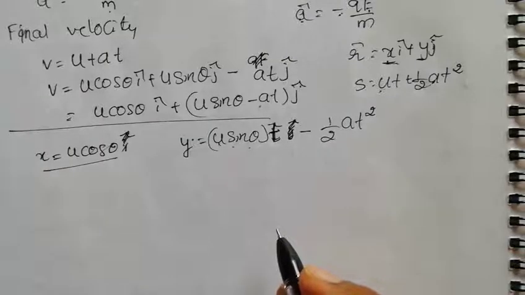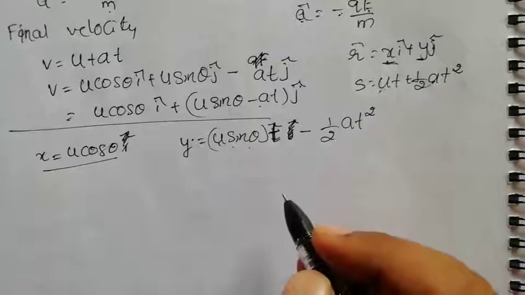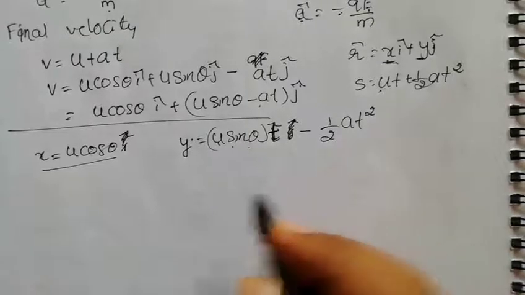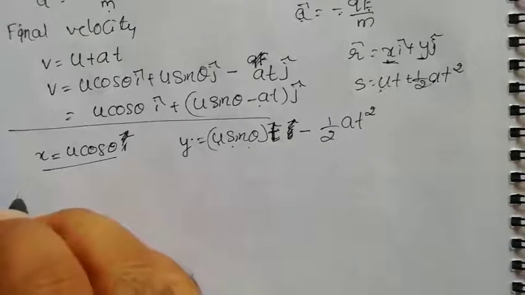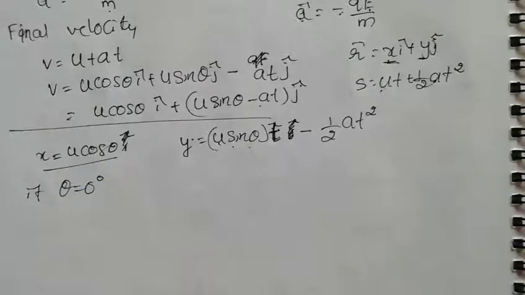So this is the value of the y displacement. Now consider if theta equals 0 degree. Theta equal to 0 degree means it is completely perpendicular.